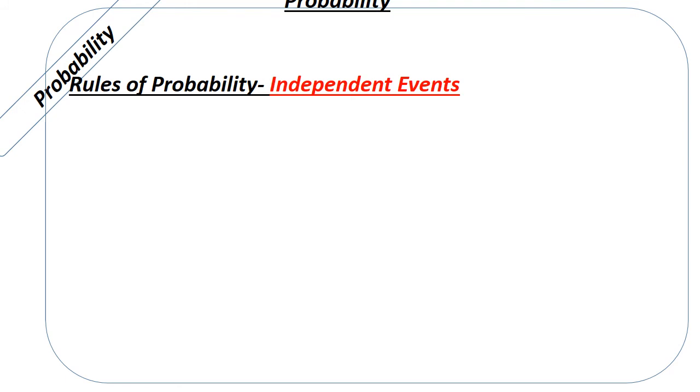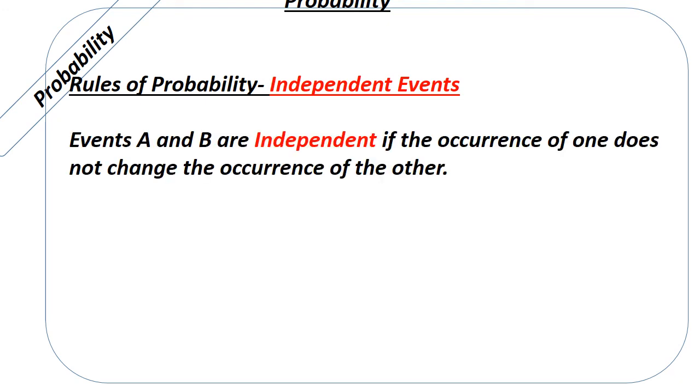Another rule is the rule that applies for independent events. So what are independent events? Events A and B are independent if the occurrence of one does not change the occurrence of the other. An example is tossing a coin and rolling a dice.